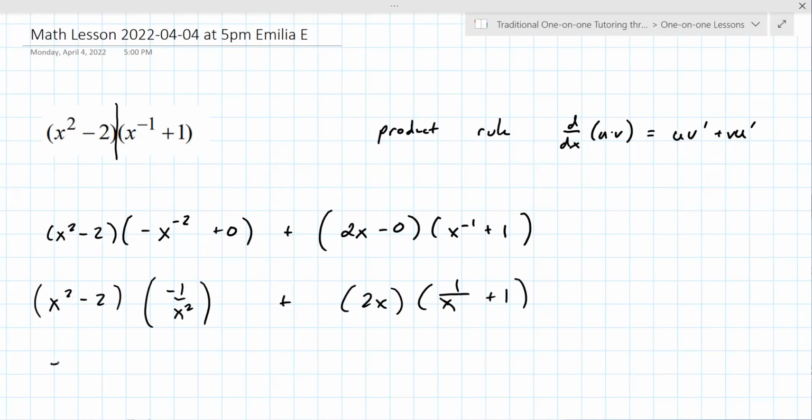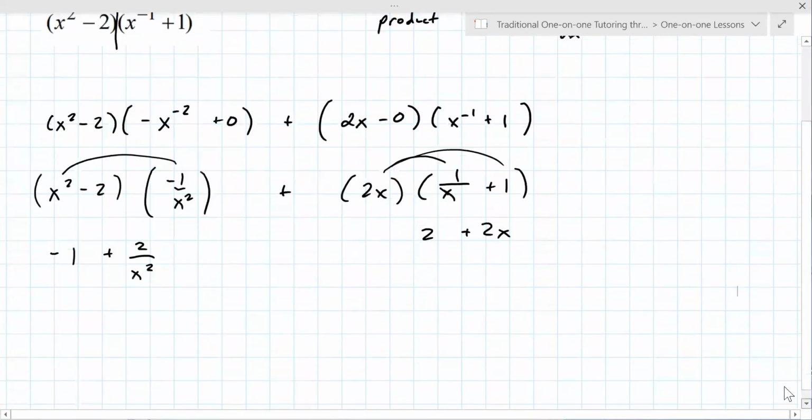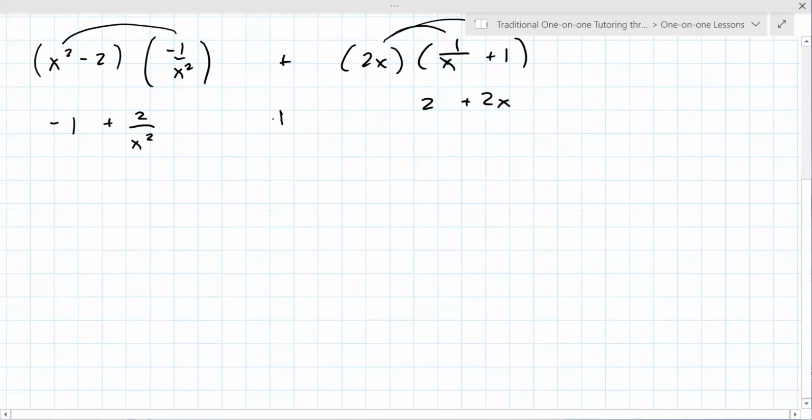This first one would become minus 1 because you're distributing it to that, plus 2 over x squared. And then here, it would look like this, 2 plus 2x, okay? And then you would combine like terms here.